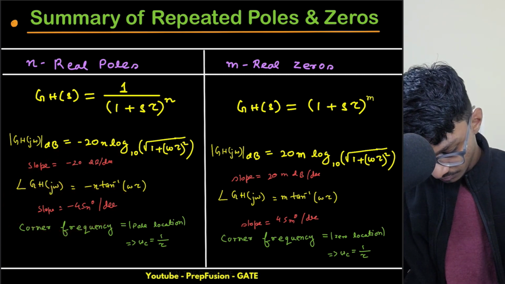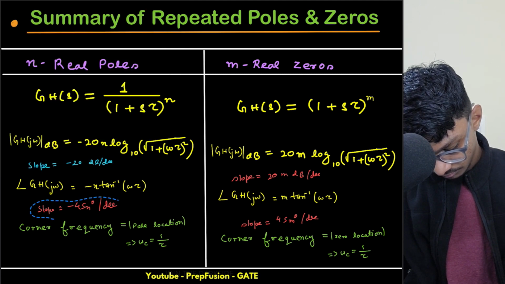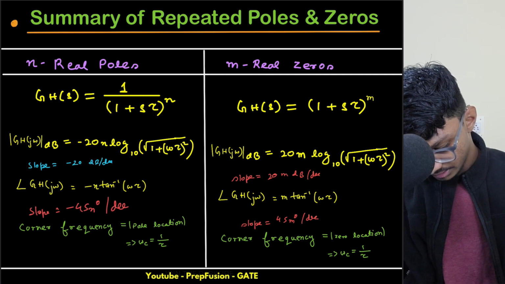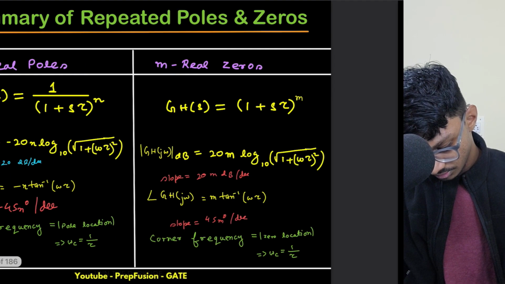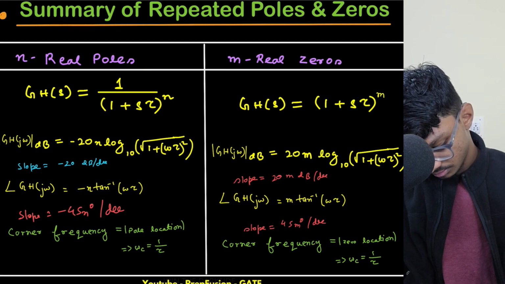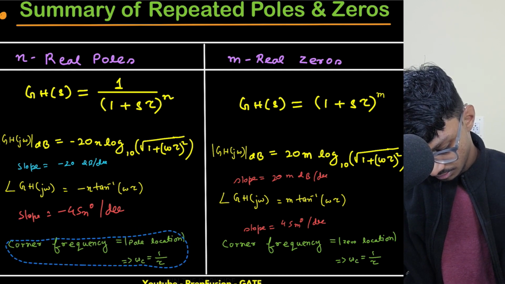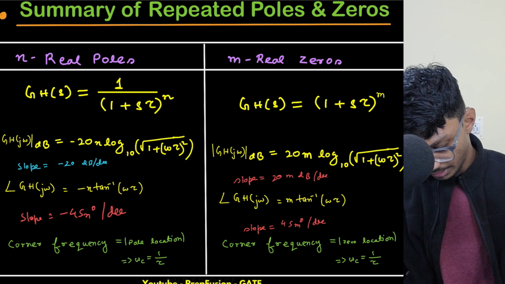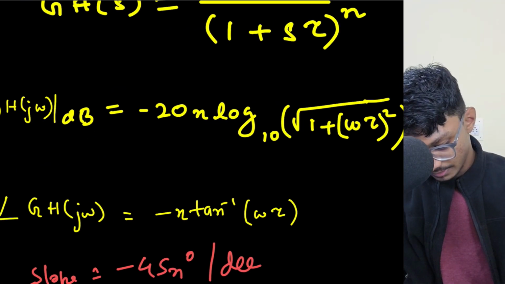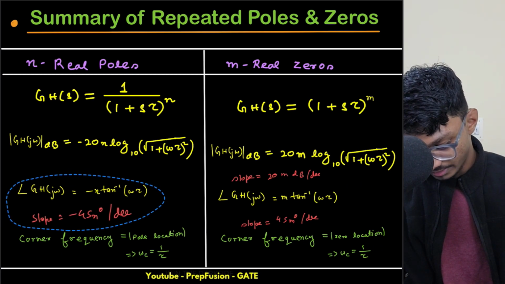Let me use some different color for this. Let me write this in a better manner. Actually, when I have repeated poles, the slope becomes n times of that basically.